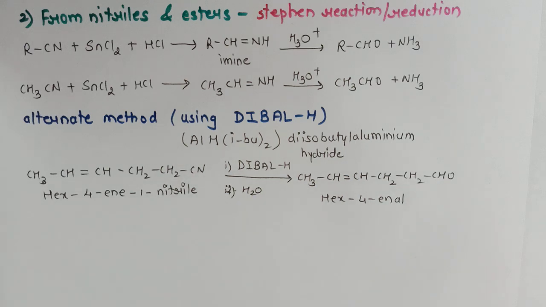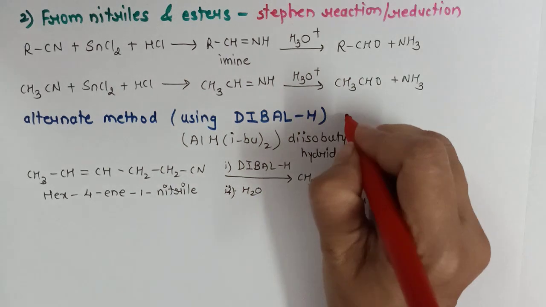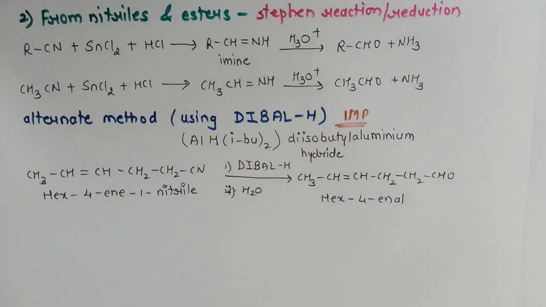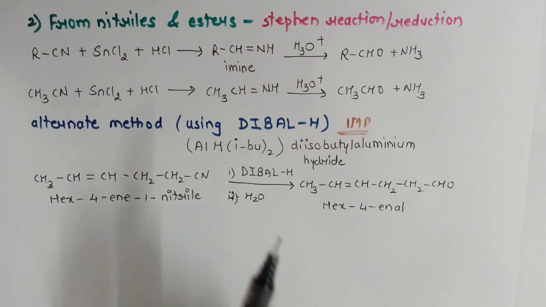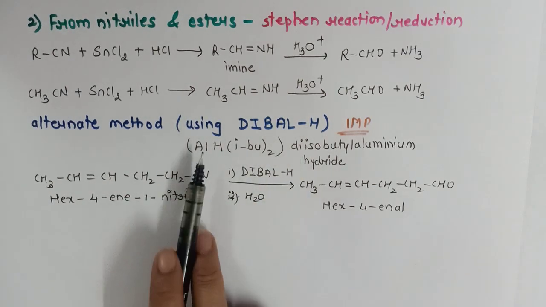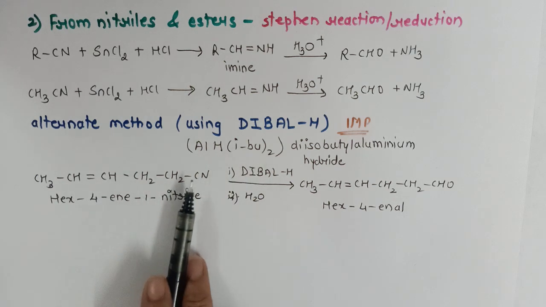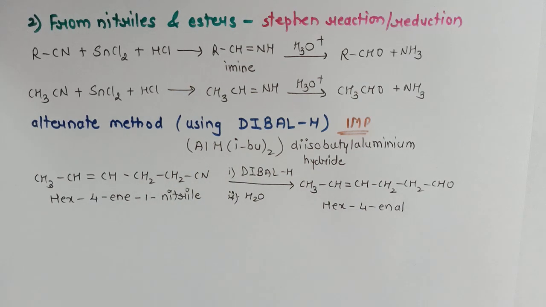Now this is an important reagent, because sometimes to confuse the students, instead of writing DIBAL-H, this formula is written. So don't get confused. That's a trick. Simply you have to convert cyanide to aldehyde.